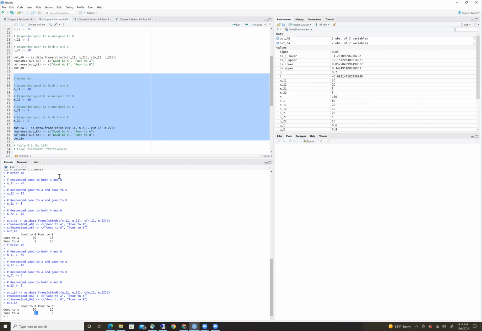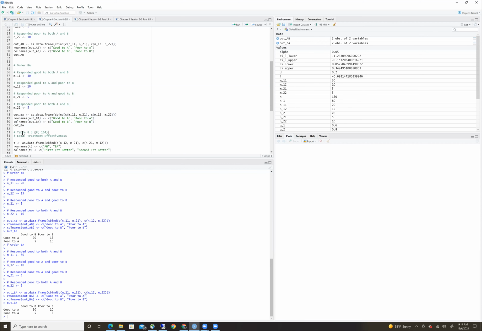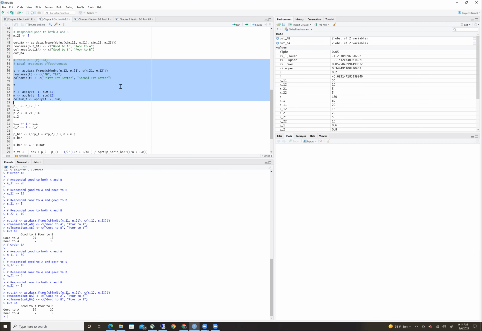All right, so Table 8.3 on page 164 of our text is looking at the equal treatment effectiveness. So if we set this up, we're really asking, was our first treatment better or was our second treatment better? And in the rows, we have our ordering.